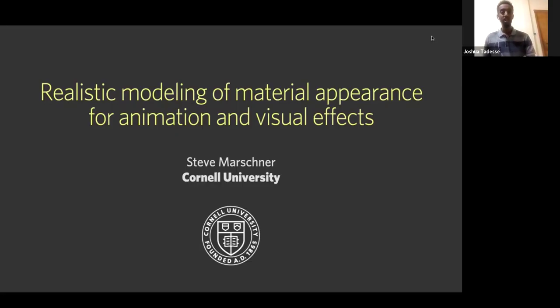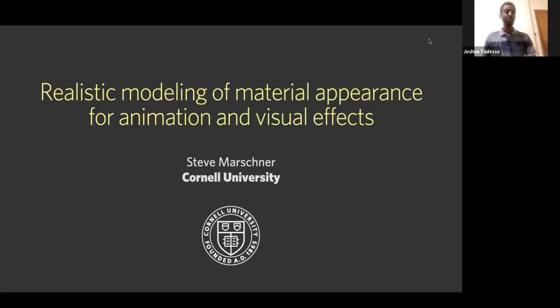In 2010 and 11, he was a visiting professor at ETH Zurich, and in 2023 to 24, he was a visiting research scientist at NVIDIA Research. He is an ACM Fellow, a recipient of the SIGGRAPH Computer Graphics Achievement Award in 2015, and a co-recipient of a 2023 Technical Academy Award.